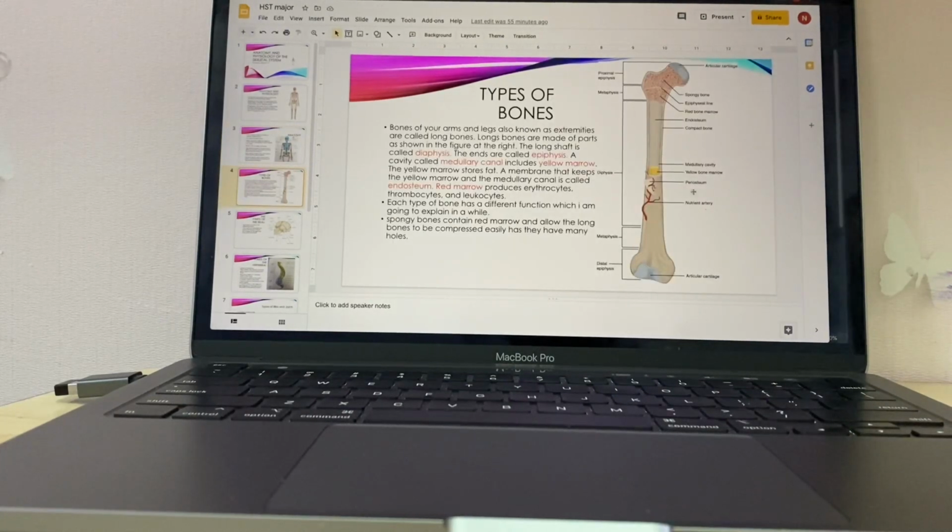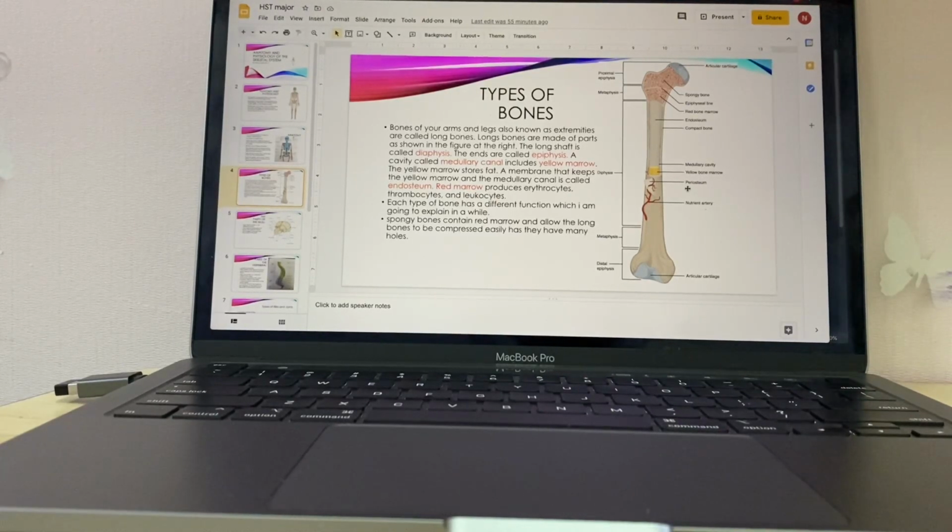The picture on the right here is your long bone, and the long bone has many parts. The parts are really important, but I am going to explain the most important ones. First we have the medullary canal. The medullary canal is important because it includes the yellow marrow.